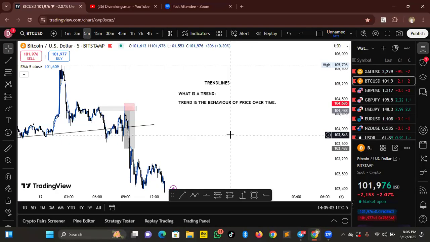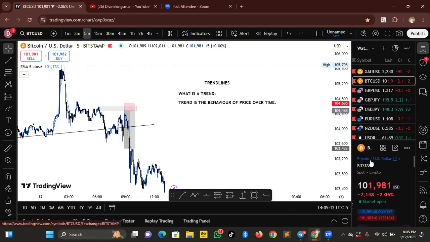Now, the first question is, what is a trend? A trend is the behavior of price over time, how price behaves over time. So if you ask me what a trend line is, just use the concept of what I explained as a trend and use it to form what a trend line is.